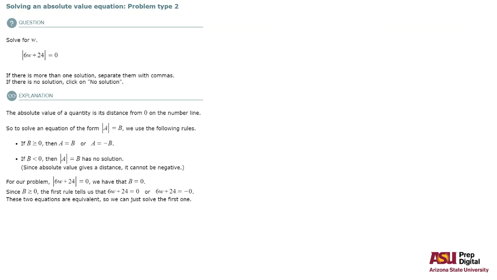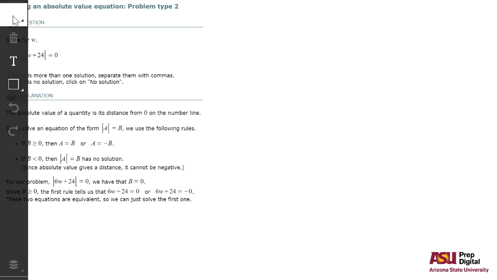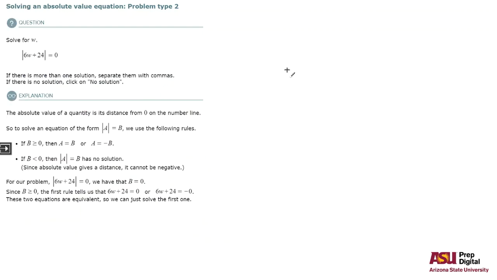So now we are going to utilize the very first method. If b, in other words, if what we're equal to is 0 or a positive number, then we're going to solve the 2 different equations.